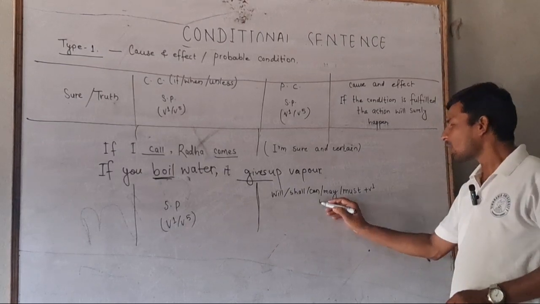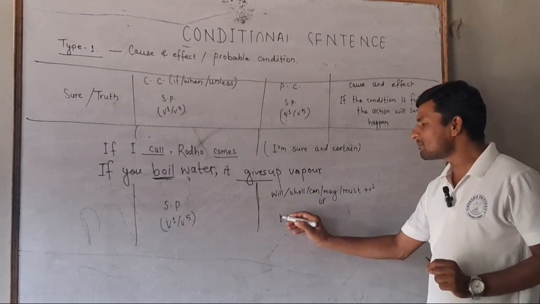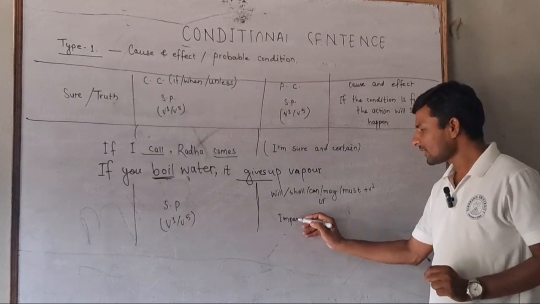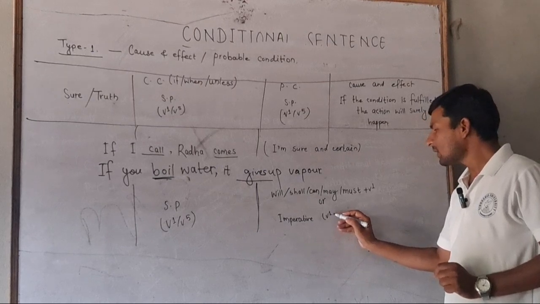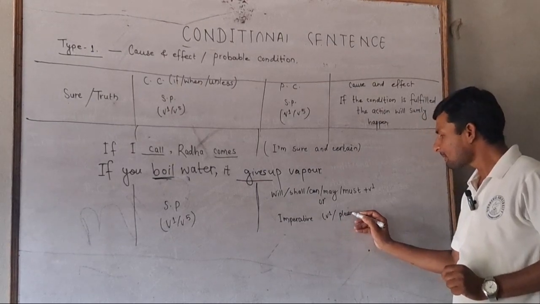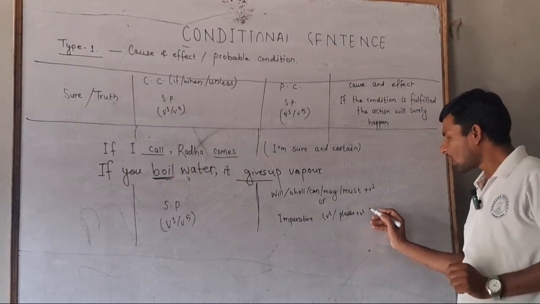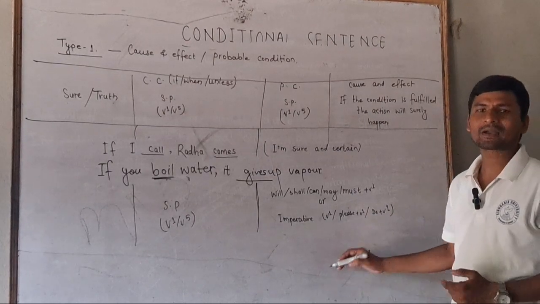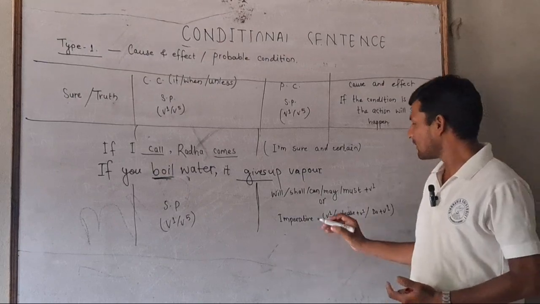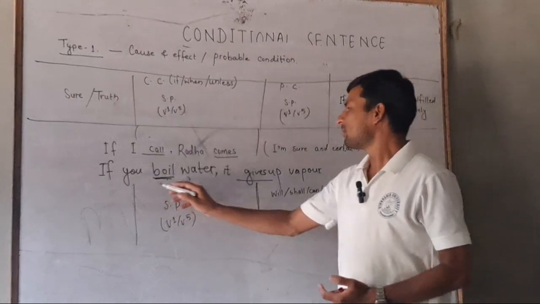Another option is you can use imperative. My dear students, imperative means verb 1, or please plus verb 1, or do plus verb 1. These are imperative forms, or kindly. These two can be used.